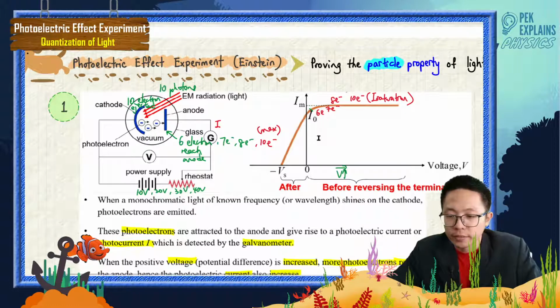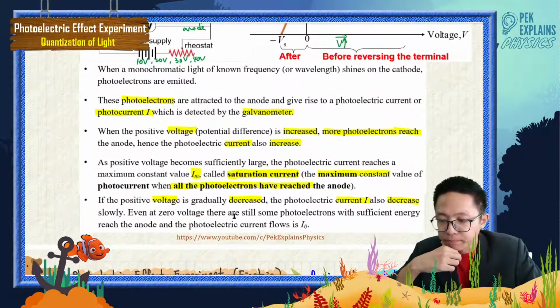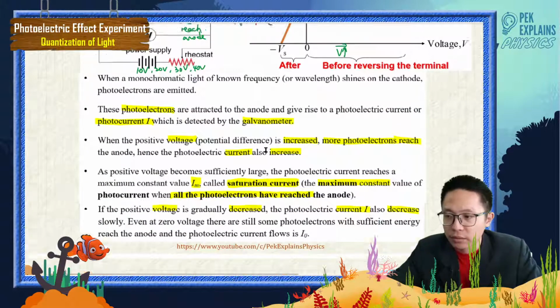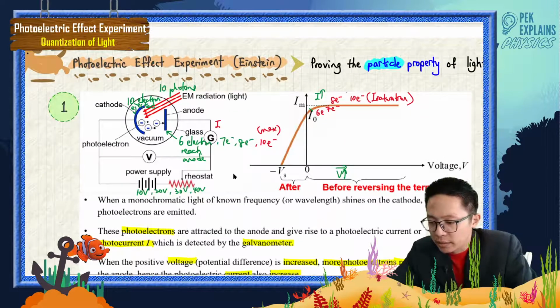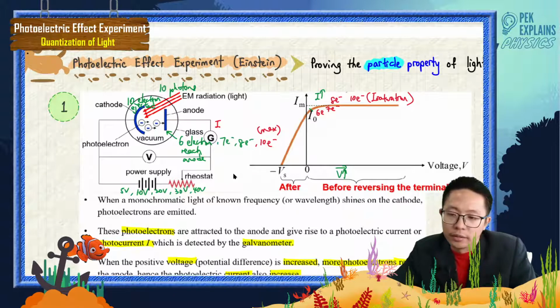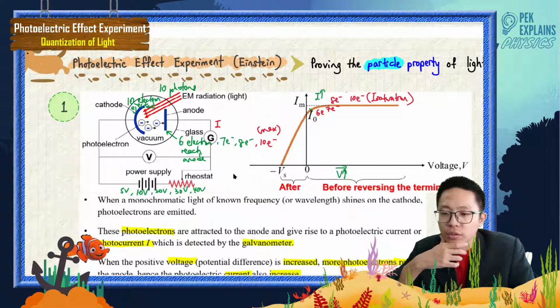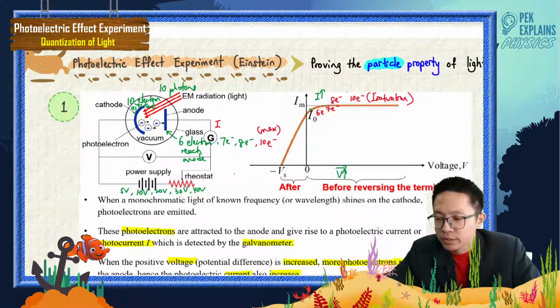However, if you decrease the voltage now, the current also decreases. That means now I decrease the voltage to, let's say, 5 volt. For 10 volt, there will be 6 electrons reaching the anode.